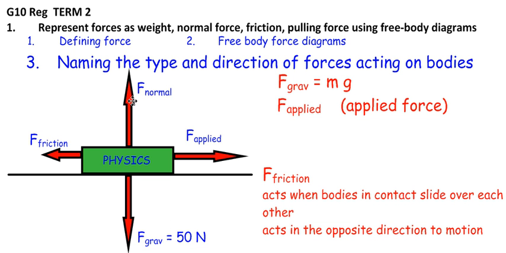So the diagram here would in fact be a free body diagram. It's a diagram showing the body and the forces that are acting on the body by the surroundings. The earth pulls the body downwards. The table pushes the body upwards. An applied force causes the body to move to the right. And because it's sliding over a surface, a frictional force will want to cause it to slow down or to move to the left, to oppose its motion, in other words.